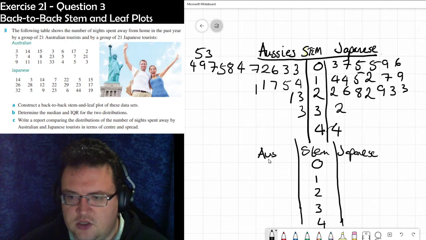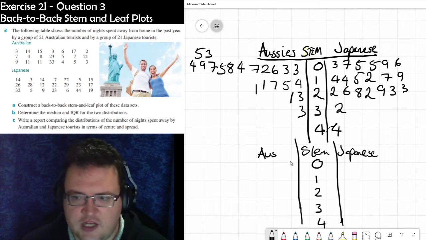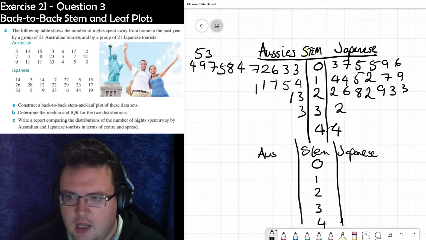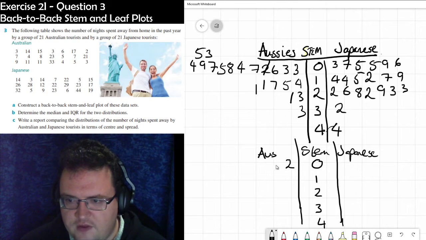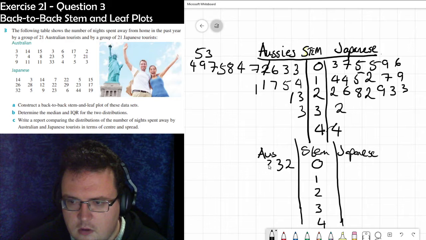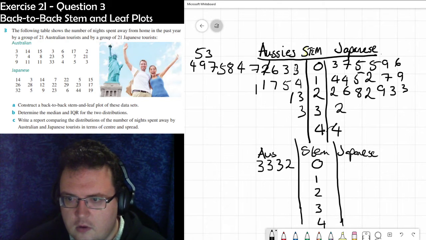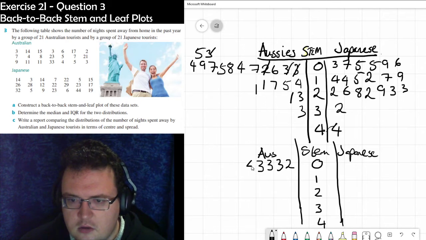Now I would rule these if I was doing this in a workbook. I'm going to go through 0, so my first number is going to be 2, cross it off there. I have 3 3s, cross those 3s out. I have 2 4s, I have 2 5s, a 6, a 7, an 8, and a 9.